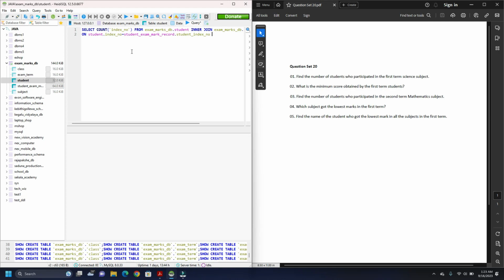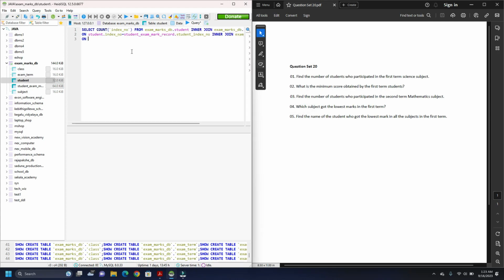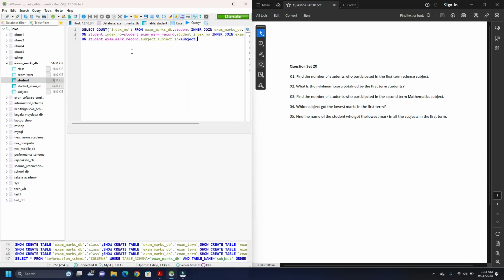And then let's go ahead and inner join those two tables with the subject table, and subject table joins with the student exam mark record table with the subject ID and subject ID from the subject table.